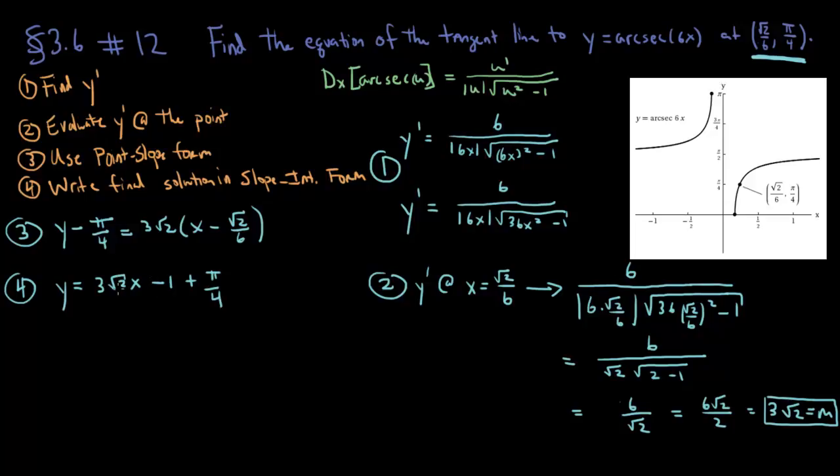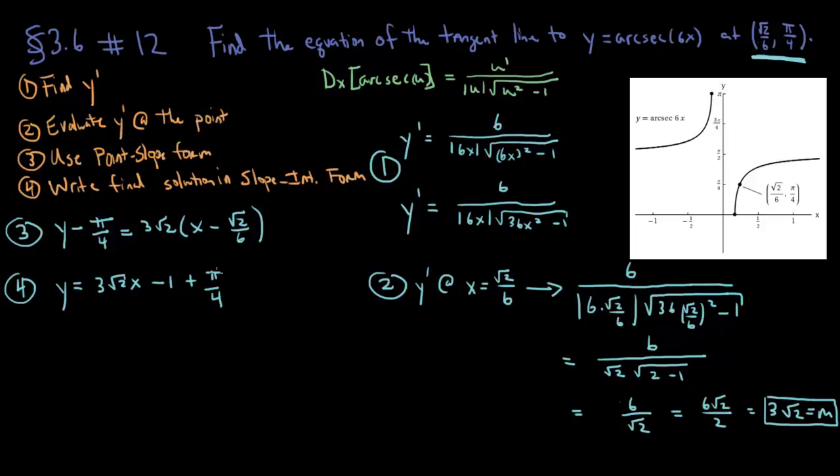Okay? So 3 square roots of 2, x minus 1 plus pi over 4. Okay, let's maybe double check all that. Are we good here? Yeah, I think we're good.